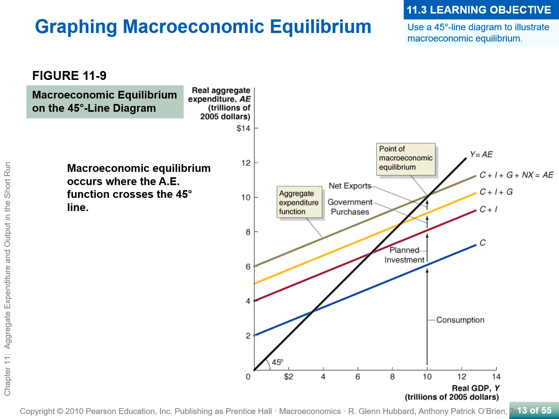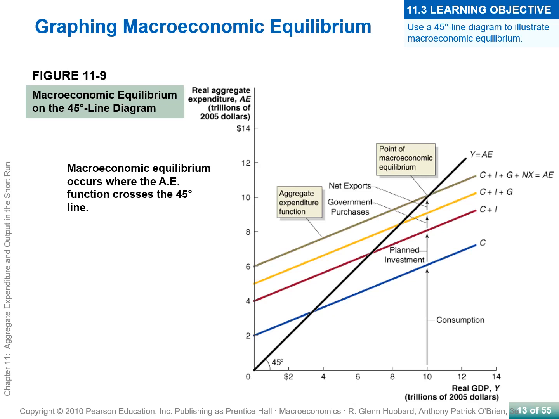So notice consumption is a part of every line because we started with consumption, then we added investment, so it's consumption plus investment. But the distance between planned investment here and planned investment here is exactly the same, which implies that it has no bearing or impact as a result of income changing. So that implies that planned investment is exogenous.